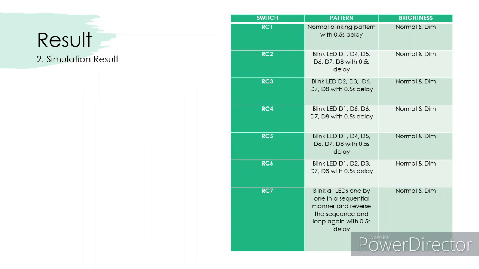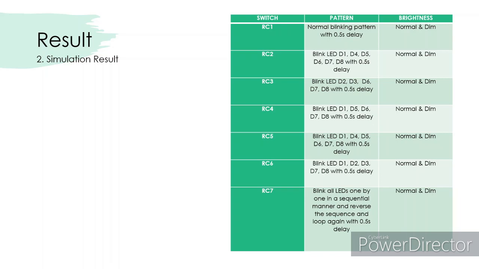Here are the simulation results. When pressing switch RC1, there is a normal blinking pattern with 0.5 second delay, and you can choose a brightness between normal and dim. All other LEDs are the same. At RC2, we have LED 1, 4, 5, 6, 7 with 0.5 second delay, and the same type of pattern, only with different LEDs, starting from RC2 until RC6 with a variation of random LED blinking patterns.